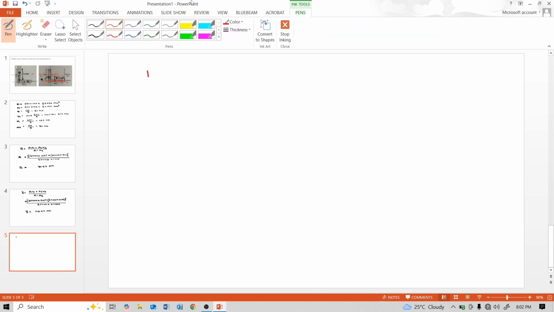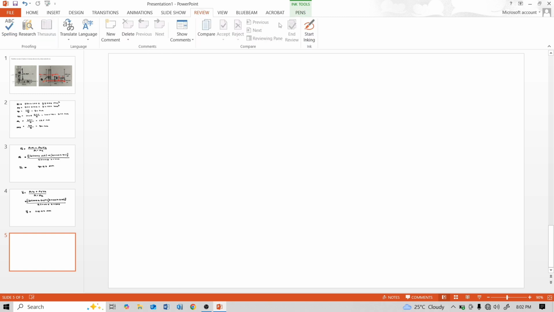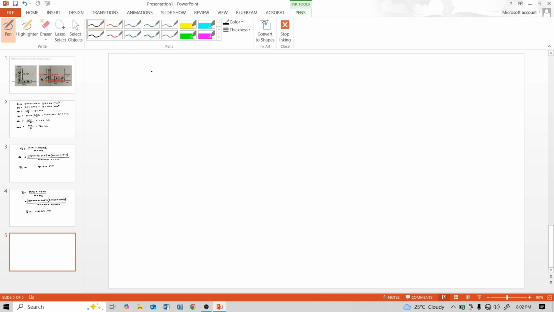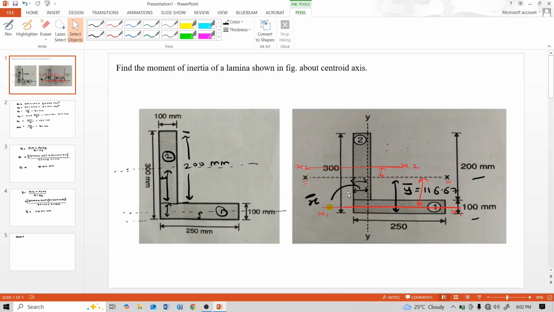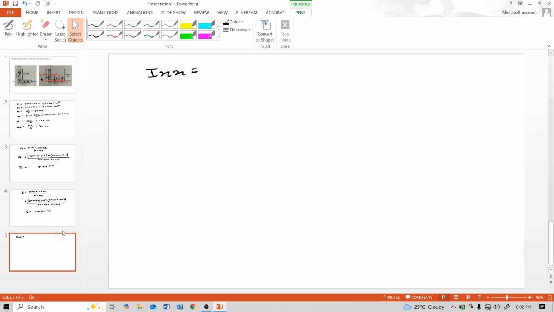Moment of inertia about this x-axis is equal to Ix1 plus Ix2.